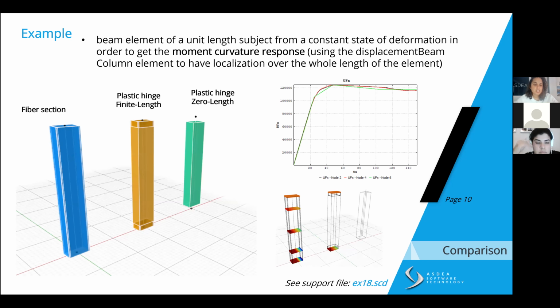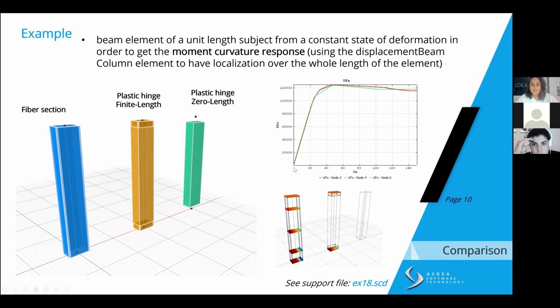First with a fiber section, so with a distributed approach, distributed all along the element, then with a plastic hinge of finite length, and then with a plastic hinge in a zero length. There were also some other operations he had to do to be able to reproduce the behavior of all three beams into something comparable.